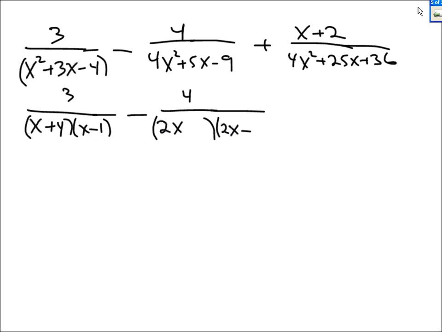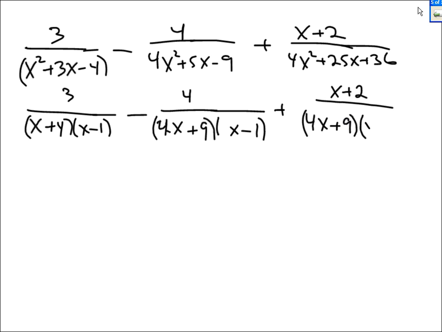I don't think that 3 is going to work. 9. I teach you how to factor in this section.